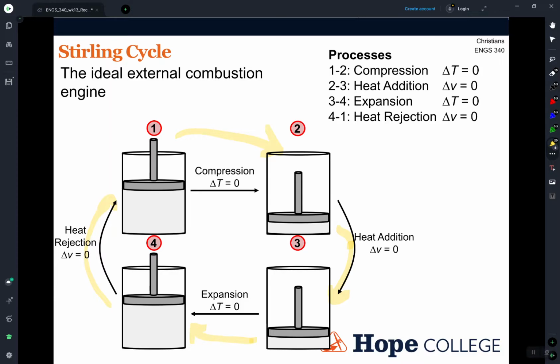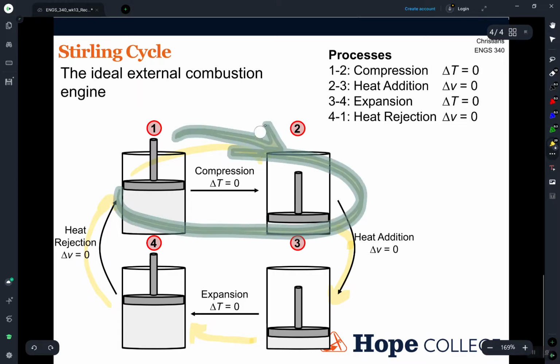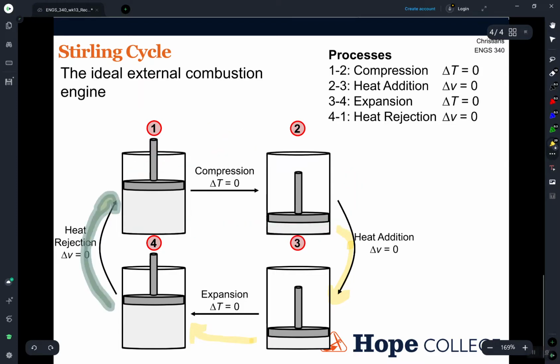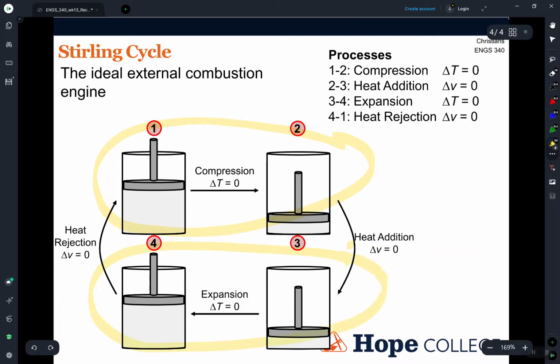Again, as you heard me say, keeping the top here at one low temperature, so this would be all at TL. This would be all at TH. It's essentially a Carnot cycle. So this is really the closest that you can get to running a Carnot cycle. It's super, super challenging to actually design Stirling cycles that actually begin to approximate Carnot.